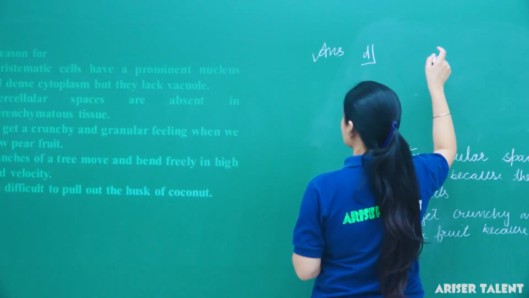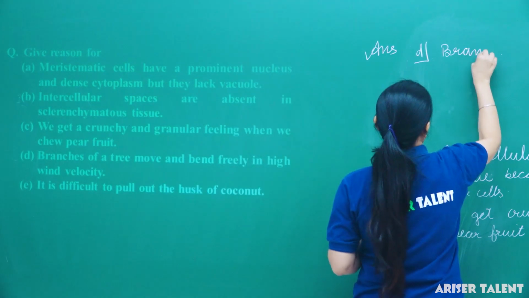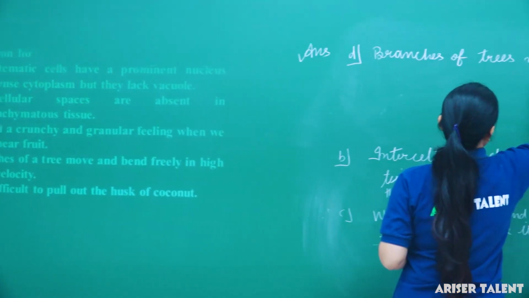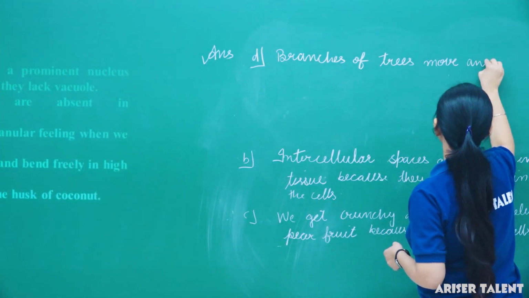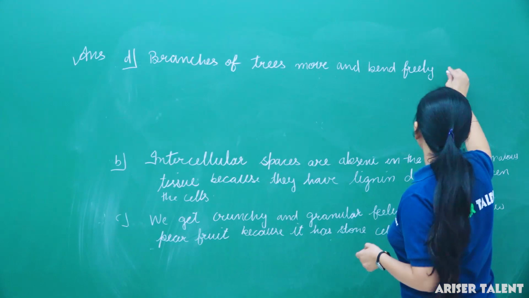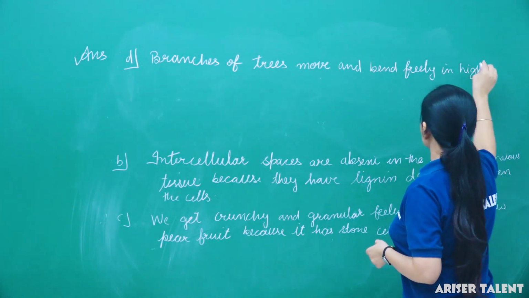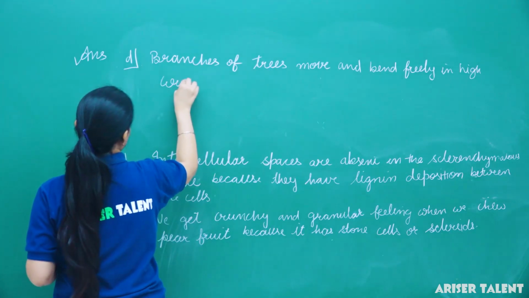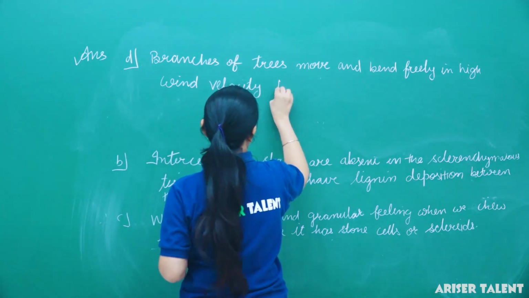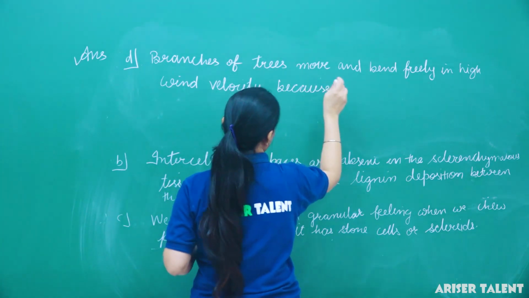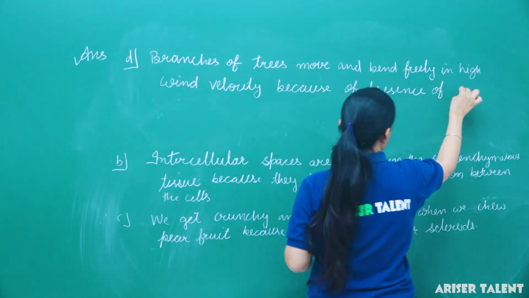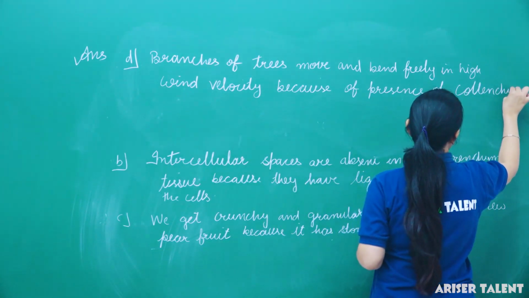What is the answer? Branches of trees move and bend freely in high wind velocity because of presence of chlorenchyma.